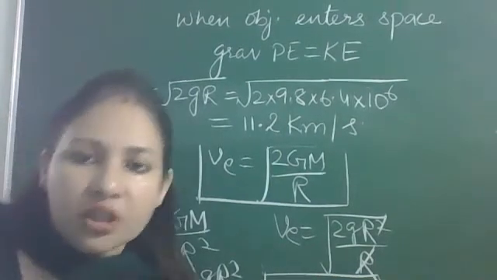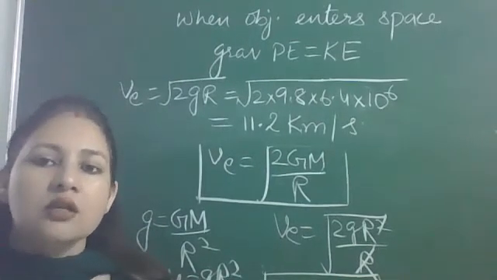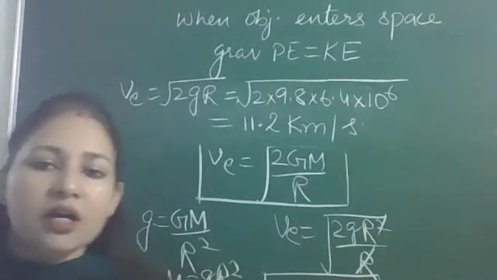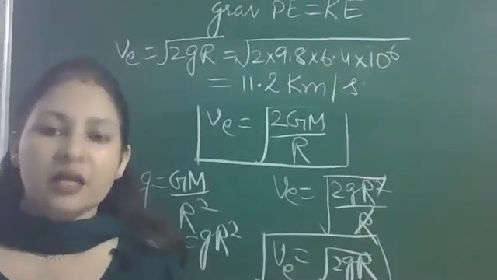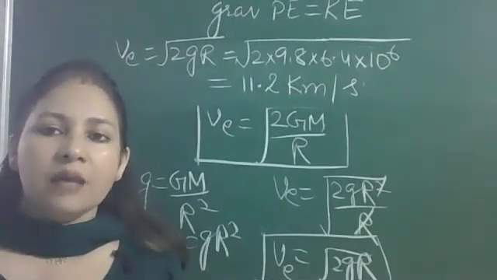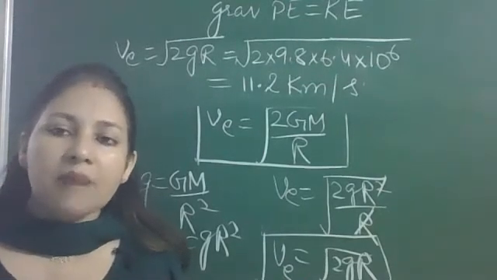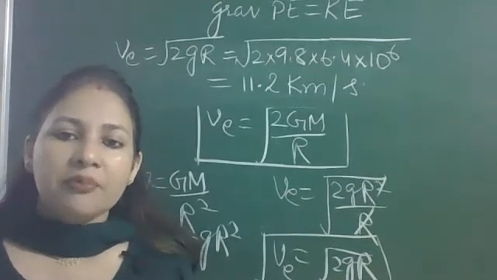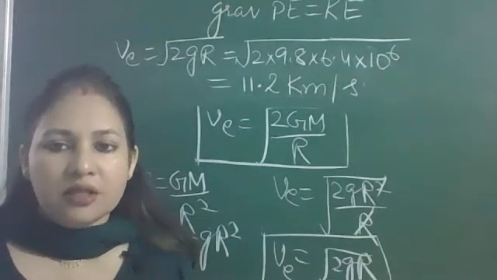Now one more conceptual question you can write on the basis of escape velocity. Write down: a cat, a dog and an elephant are projected up from the surface of Earth with escape velocity.